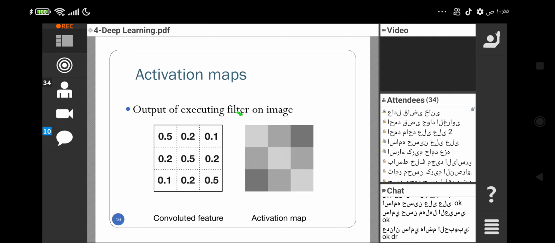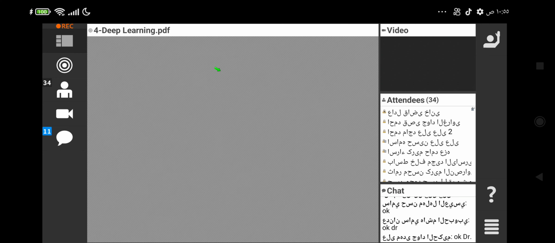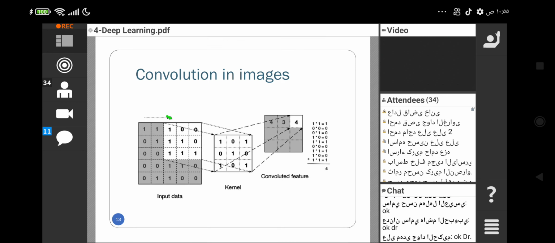The second concept about the convolution layer is the activation map. What does activation map mean? Activation map is the result of the convolution. Here in this example of convolution, I said that this is the input, this is the kernel, and this is the result.